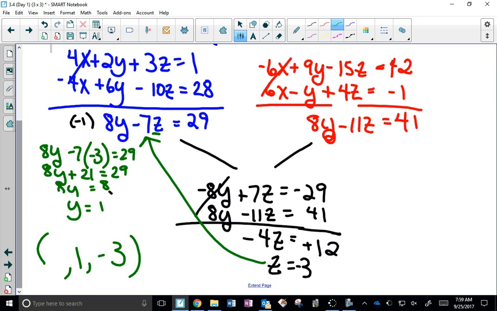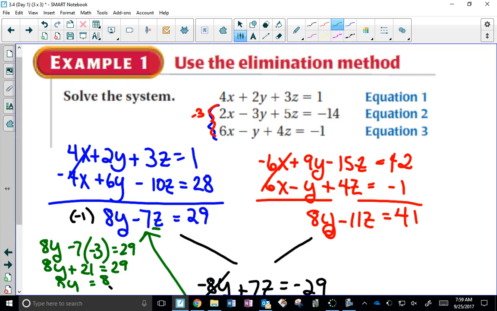Where do you think I'd go to get the last one? All the way to the top, where I have 3 variables. Plug in 2 of them. So I've got my y and my z. So way up at the top. And no matter which one you pick, I try to find the one with the littlest numbers and the least amount of negatives, which I think would be this first one.